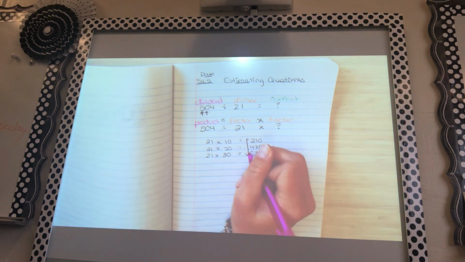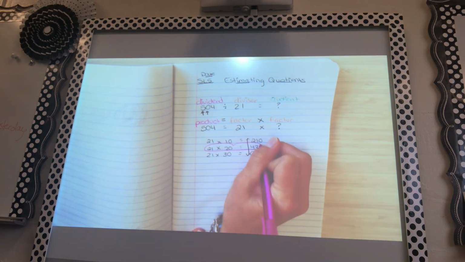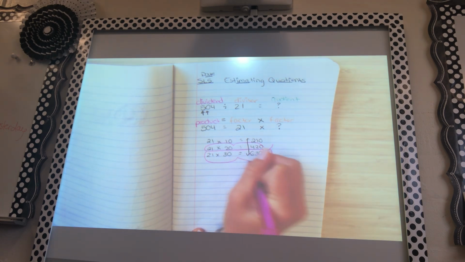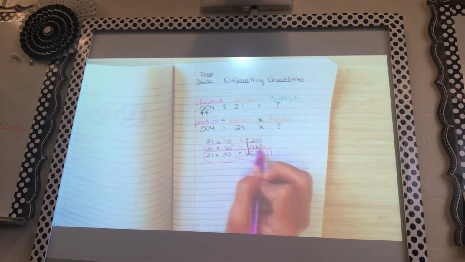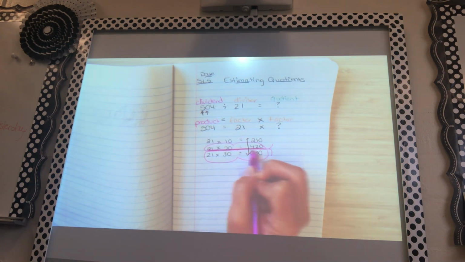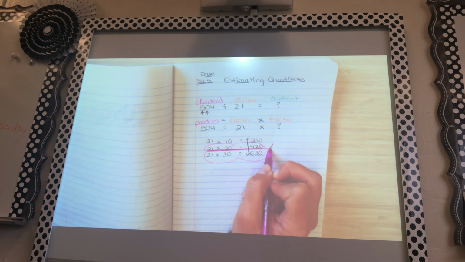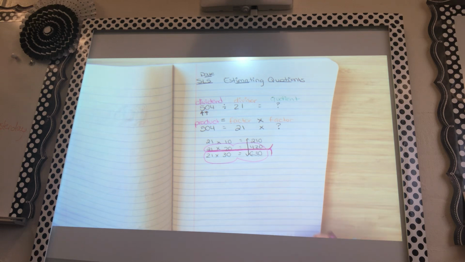So that's where I make my lovely butterfly here. And my lovely butterfly, this is not mathematical at all, by the way, is just a good way to remember that we're trying to look for that midpoint, or that middle area where your dividend would fall between the products of the compatible numbers that you've chosen.